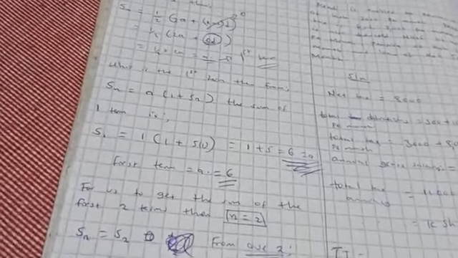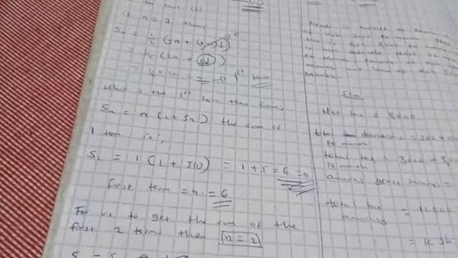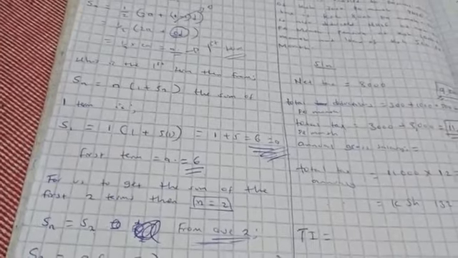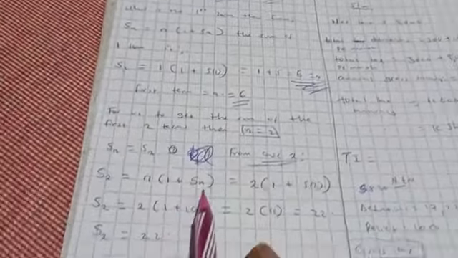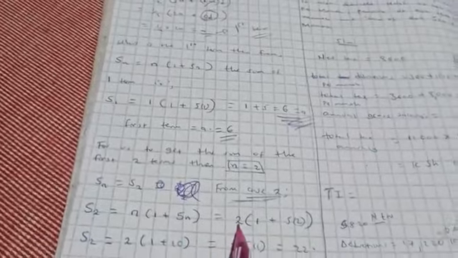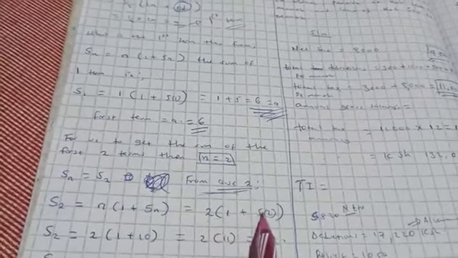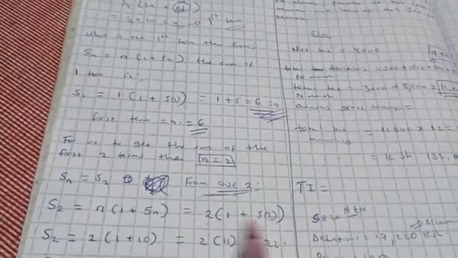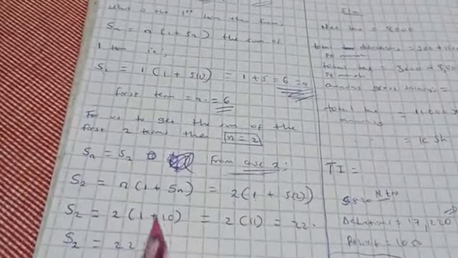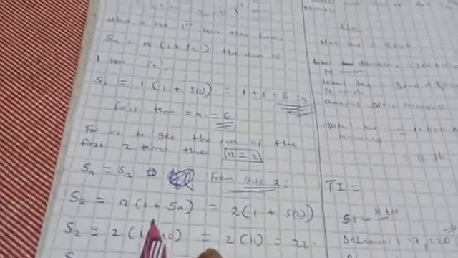We are given that Sn equals n(1 plus 5n), which gives us 2 times (1 plus 5 times 2). 5 times 2 gives us 10. If you open this bracket, you have 1 plus 10, that is 11. 11 times 2 gives you 22.